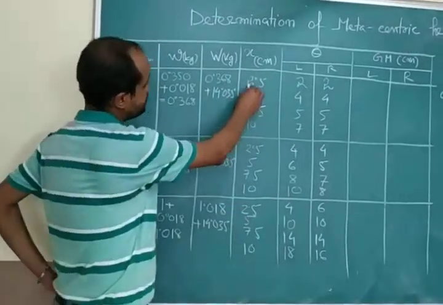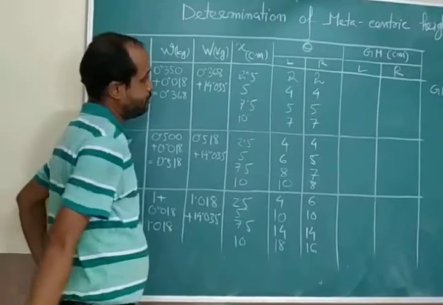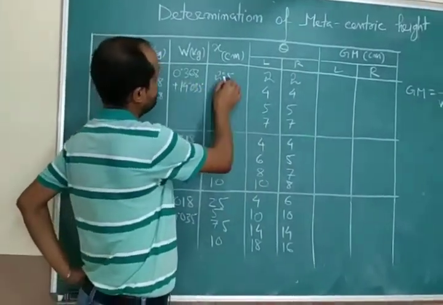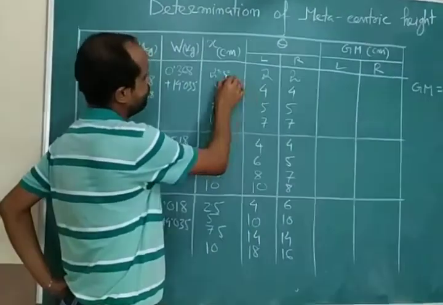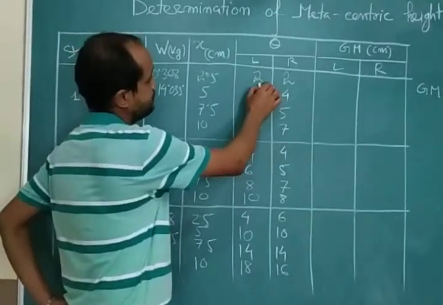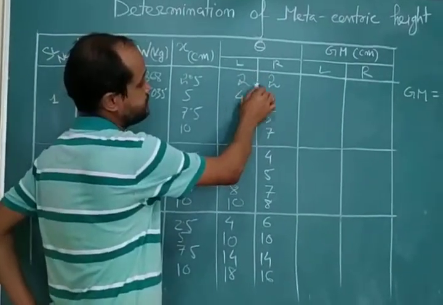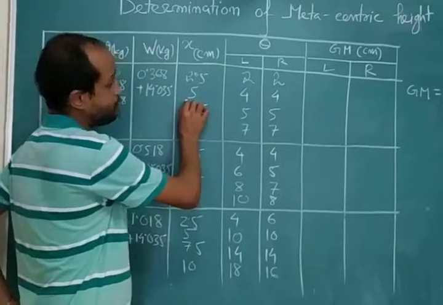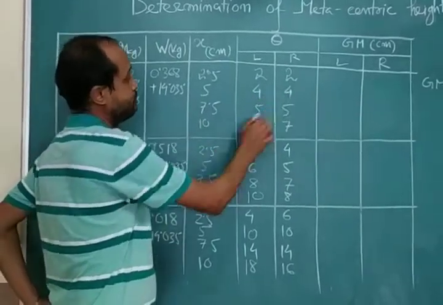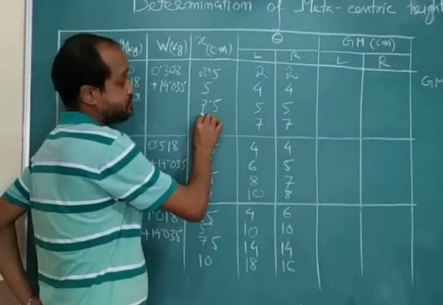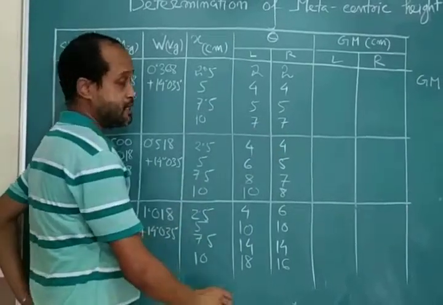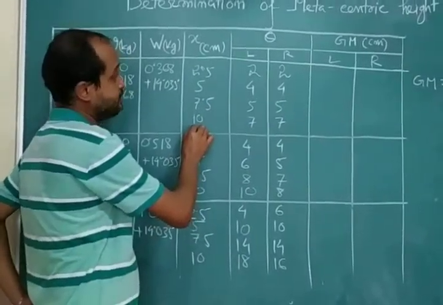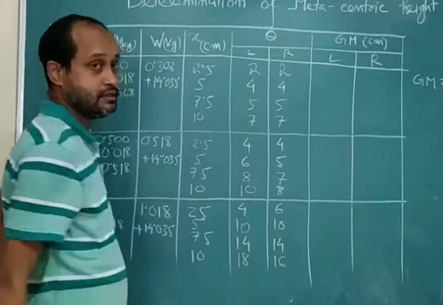And this is your position of X. For position of X 2.5, in the right hand side and left hand side, this is 2, 2. For the position of 5, it is 4, 4. For position of 7.5, it is 5, 5. And for position of 10 cm it is 7, 7. That is for the weight 350 gram.